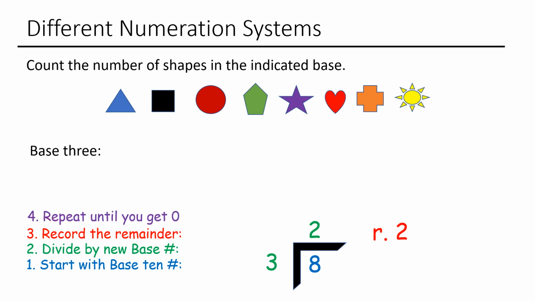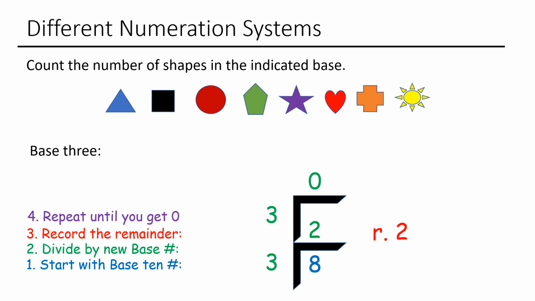Now, the next step is that we repeat until you get right here, we want this number to be a 0. So until we get 0, we're basically going to repeat steps 2 and 3. Again, we're going to divide by 3. 2 divided by 3, you can't divide it, 3 won't go into it, so that is going to be 0.